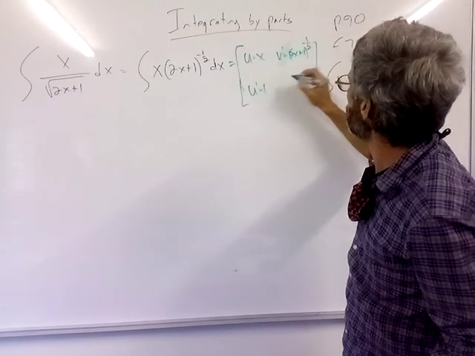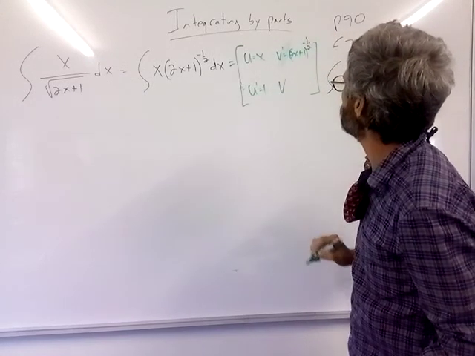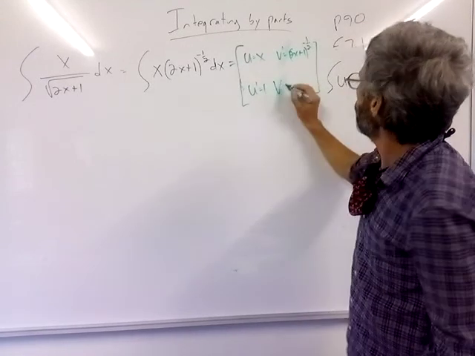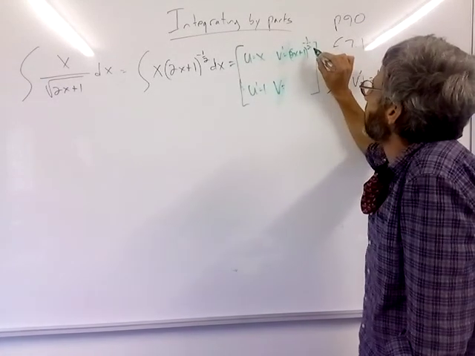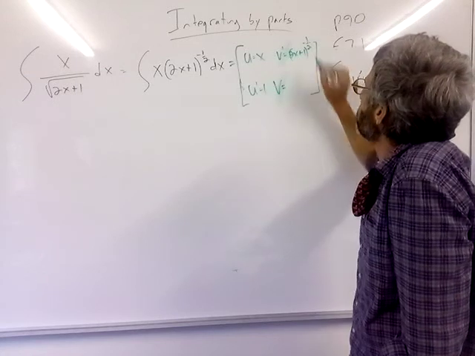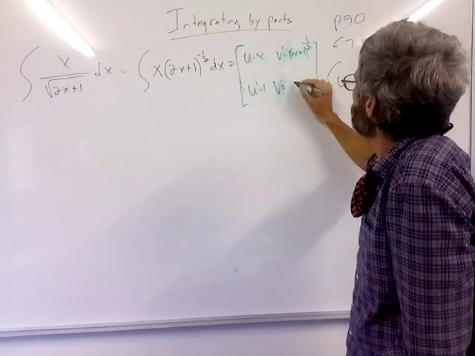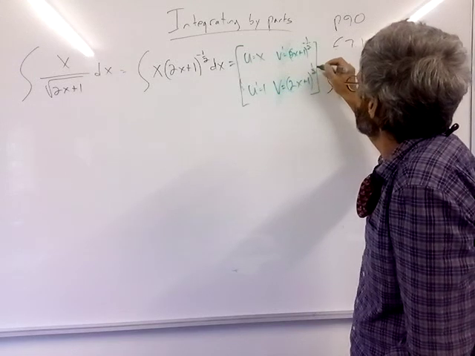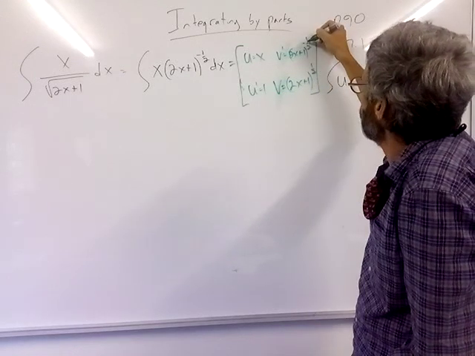Okay, so that's a little bit more tricky to find v. Let me write them a little bit closer. If this is the derivative, the function should have been (2x plus 1) to the power half, right? Because half minus 1 will be minus half.